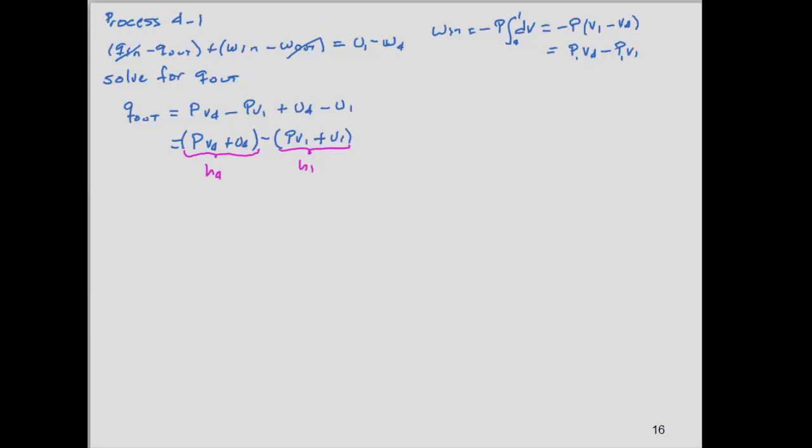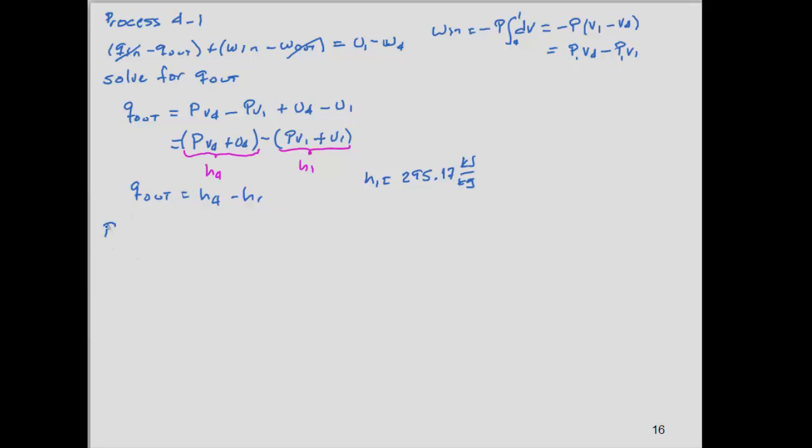So at the end, Q out equals H4 minus H1, and H1 we can get from table A17. And H1 will be 295.17 kilojoules per kilogram, but we don't know H4.